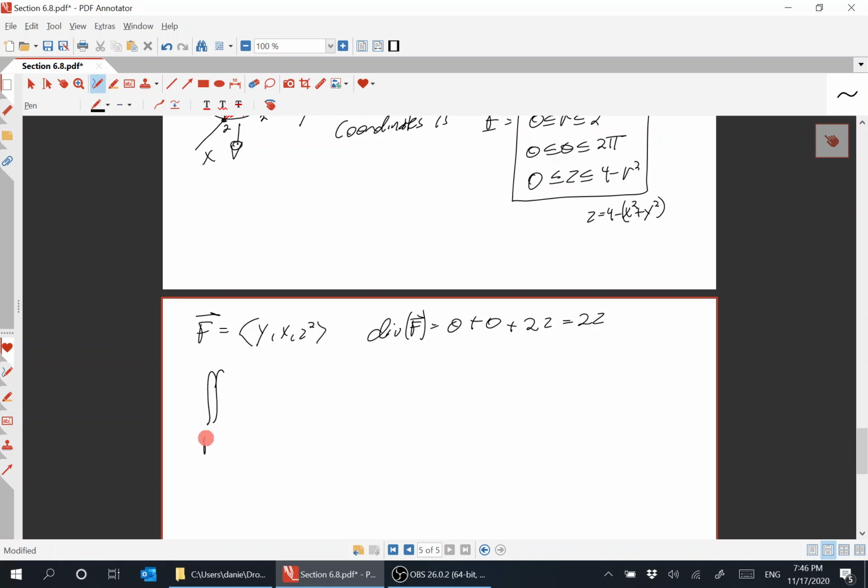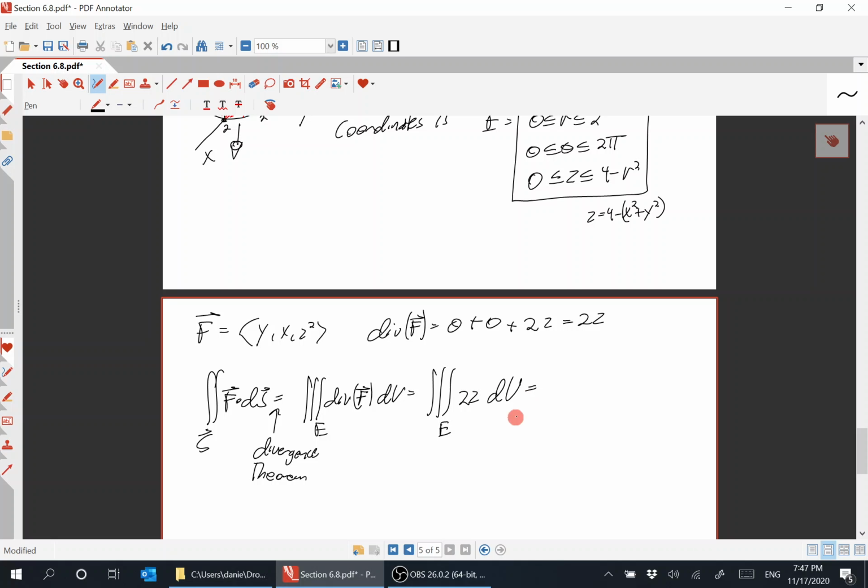The vector flux across that surface S is, by the divergence theorem, the triple integral over E of the divergence of F dV, so the triple integral over E of 2z dV.